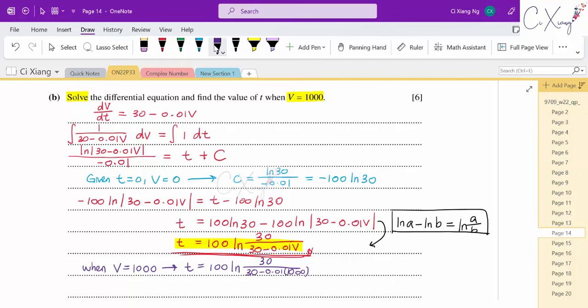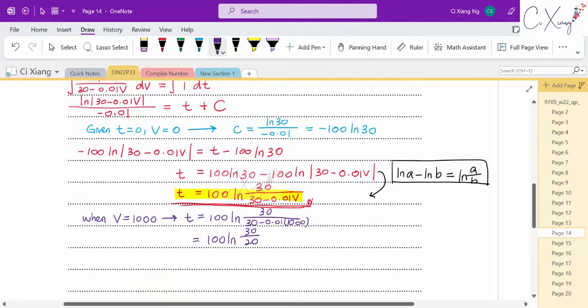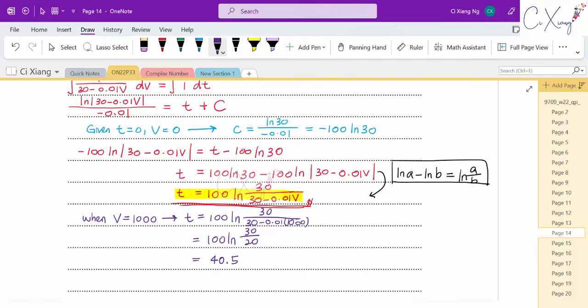From here, we just simplify it. We have 100 ln(30 divided by 20). Then if you press the calculator and give your answer correct to 3 significant figures, your t should be 40.5.